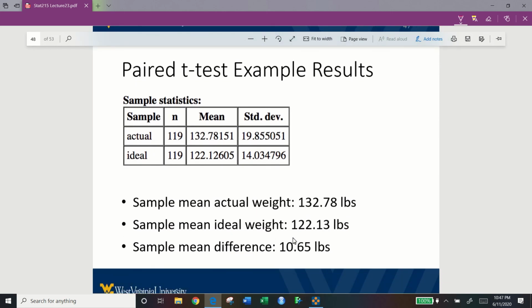Assuming that you do, though, you can see the sample statistics for actual versus ideal, we have our means and our standard deviations. We can see that the sample mean weight for the actual weight is 132.78 pounds, and the sample mean ideal weight is 122.13 pounds. We see a sample mean difference of 10.65 pounds.